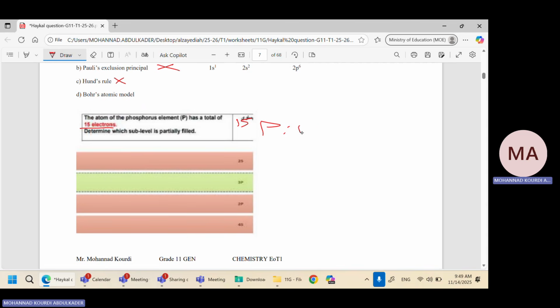So I have 1s2, 2s2, 2p6, and then 3s2. Here I have 12 electrons. What's remaining is 15 minus 12, so I have 3 electrons left, so it will be 3p3. So 3p3 is not complete, so the answer is 3p.